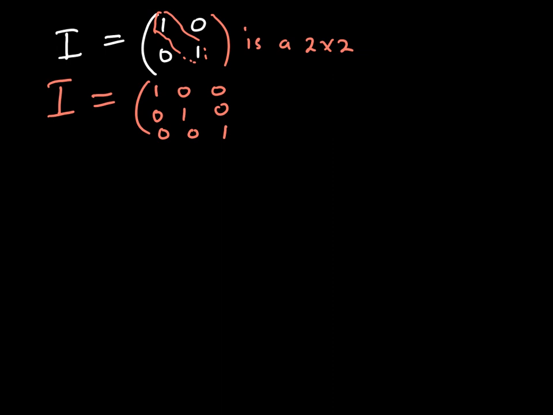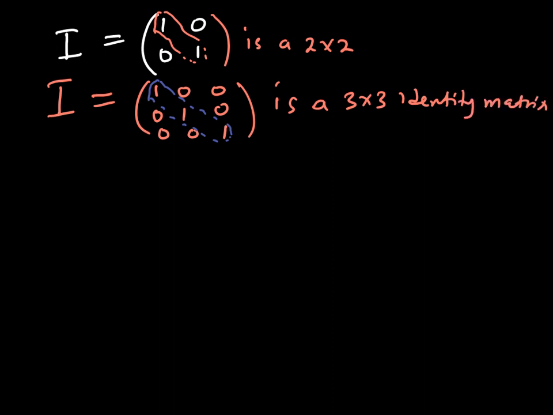When you check well here, you only have 1's on this leading diagonal, and therefore it is a 3 by 3 identity matrix. This is a 2 by 2 identity matrix.